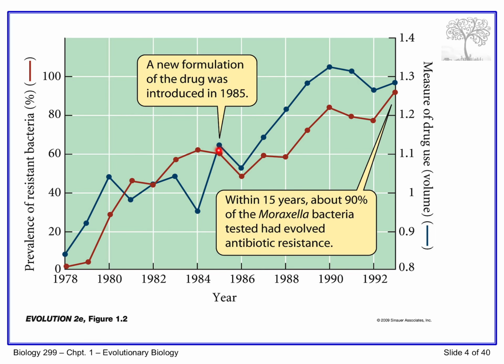Here we had a new formulation of the drug, and you see it was effective briefly for 1 or 2 years in knocking down the population of the resistant bacteria, but then they evolved or adapted to it and started to take off again. And so you see that you have an ever-increasing use of the antibiotic to try and keep the population of bacteria in check.